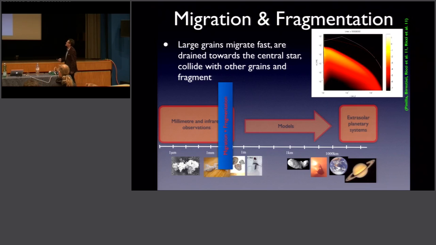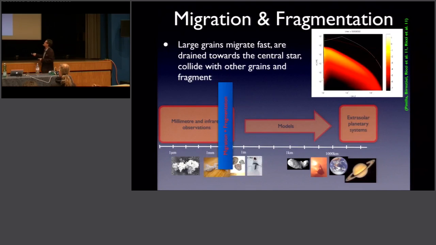And so the particles that are decoupled from the gas feel a headwind, they are slowed down and they move very quickly towards the star. And they don't make it to the star because they move so quickly with respect to the other grains that they collide at velocities that are larger than the fragmentation velocity.